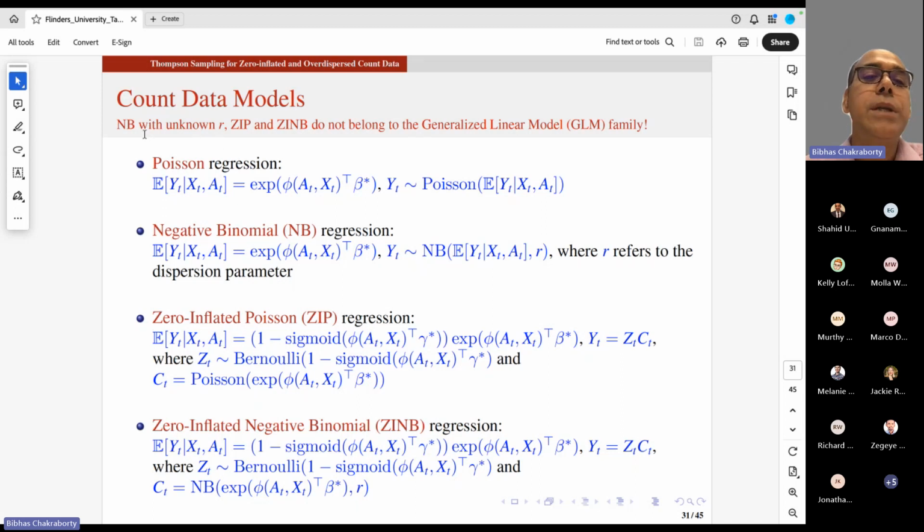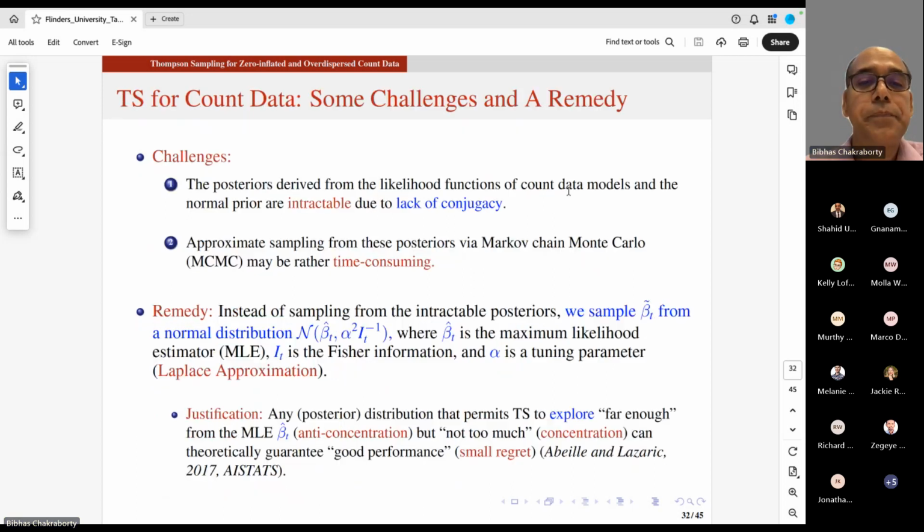One thing to note here is that the negative binomial with unknown dispersion parameter R, and then the ZIP and ZINB, these models do not belong to the classical generalized linear model family of distribution. So that needs some special consideration. But regular Poisson distribution and negative binomial with known dispersion parameter, these belong to the GLM family, which has been handled before.